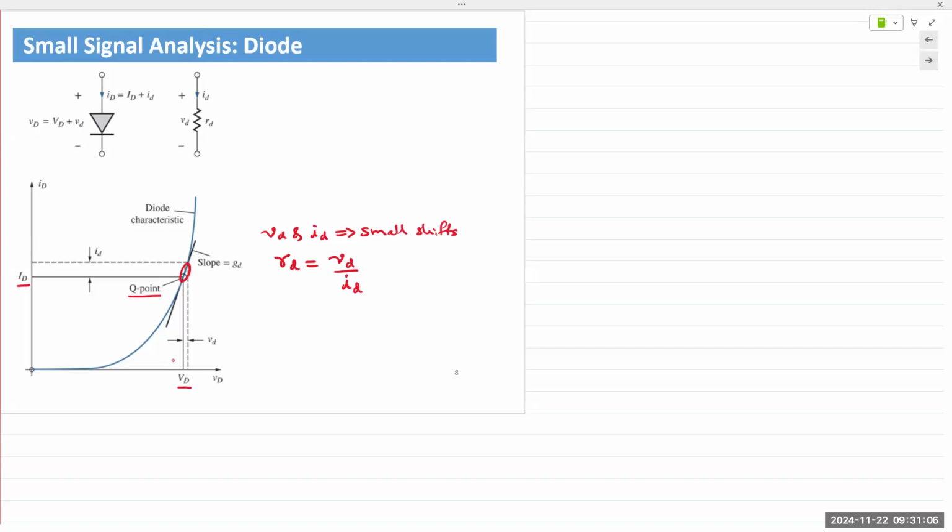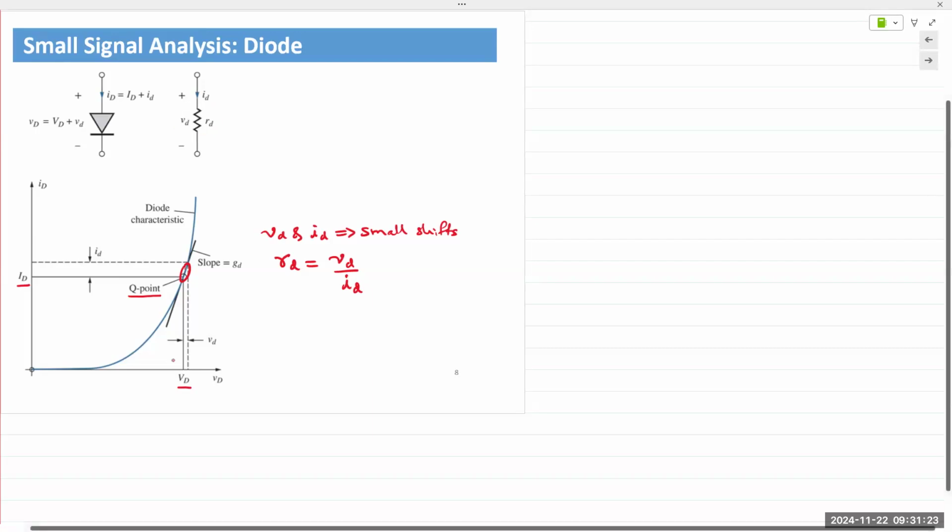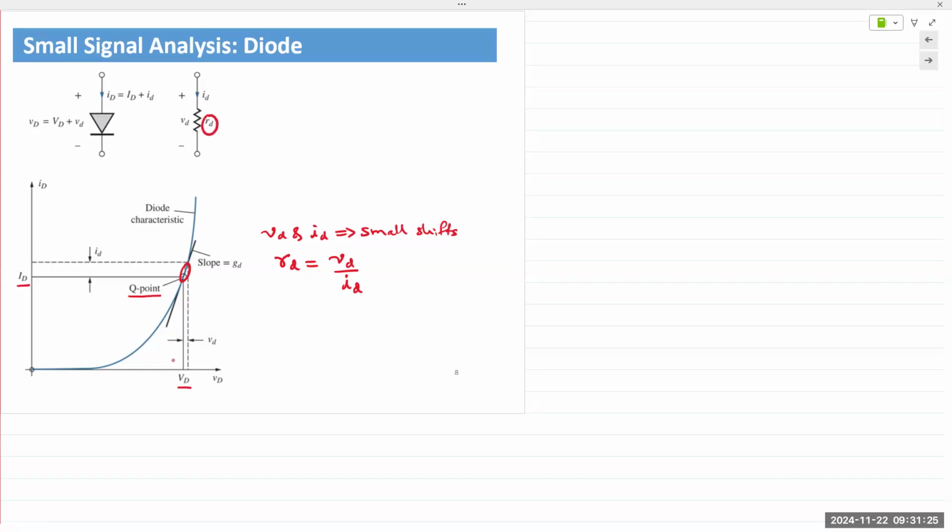If it's linear, then we can apply Ohm's law to it, and we can define the relationship between the diode voltage and the diode current as the diode resistance RD. And so we can model the diode as a resistor RD with voltage VD and current ID flowing through it. The small signal model of a diode is simply a resistor with the value RD.